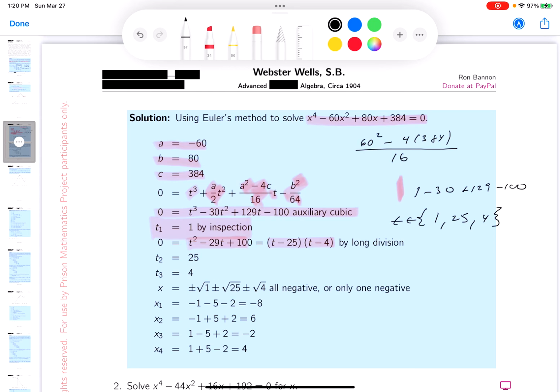Again, we're using Euler's method. Well, you put this down. Again, we're looking at this: plus or minus root of 1, plus or minus root of 25, plus or minus root of 4. To me, it's just a lot of work. We'll get the same answers, by the way.